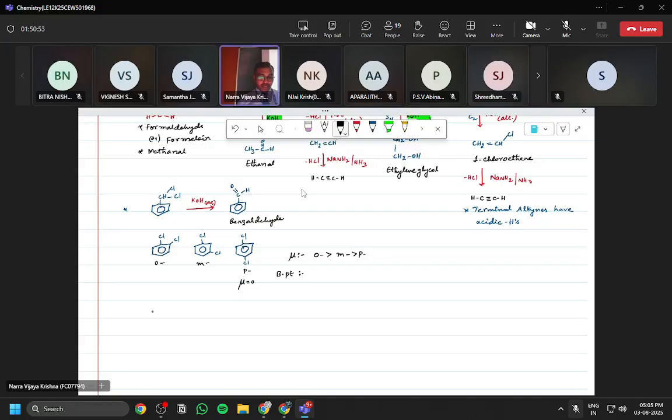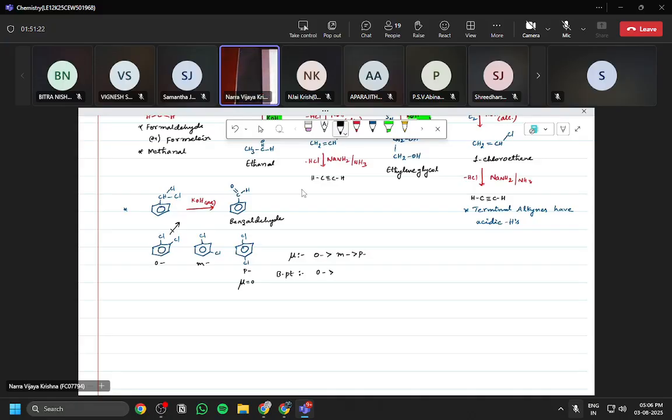Net dipole moment is there, no? In this direction. If I keep another molecule, then also net dipole moment is there. Between both, attractions will be there. Then in order to separate them, I need to spend energy. So boiling point will be high. Understood? So boiling point of ortho is greater.